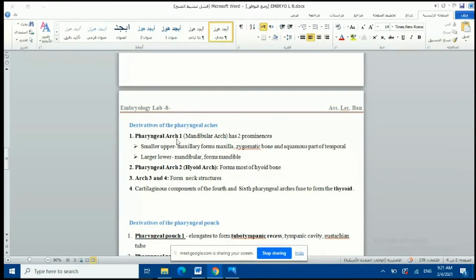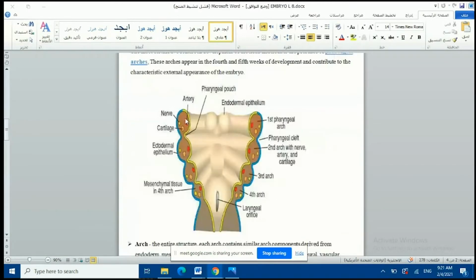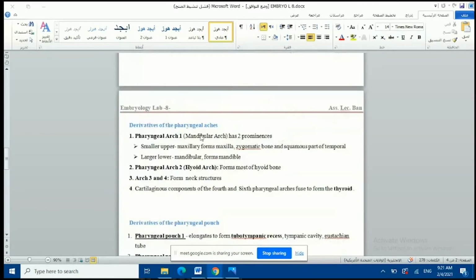So pharyngeal arch number 1, we usually call it the mandibular arch, and this will have two prominences. We call the smaller upper one the maxillary prominence, and the larger lower one the mandibular prominence.